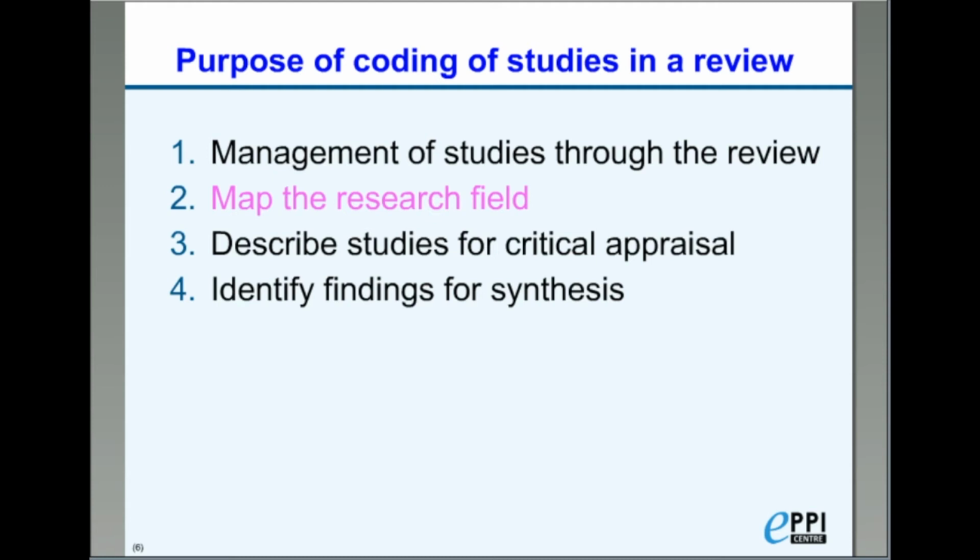So there are 4 reasons why you may code information on every included study in a systematic review. So if you're doing a systematic review and you're going through coding, then you can think, well, what type of coding information do I want for each of those purposes?